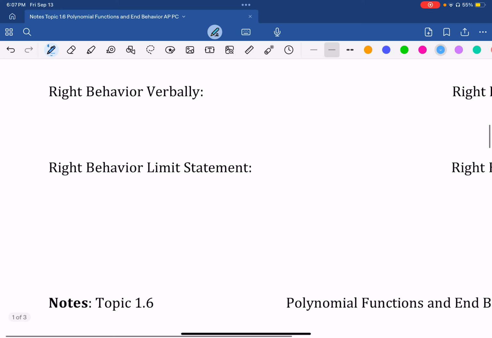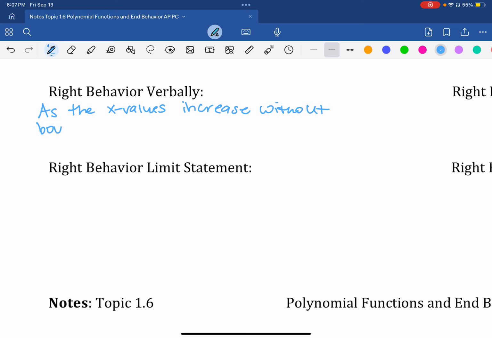For the right side, it'll be similar. As the x values increase without bound, the y values of f of x decrease without bound.